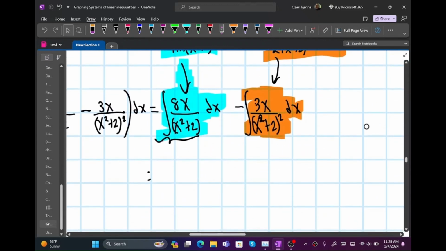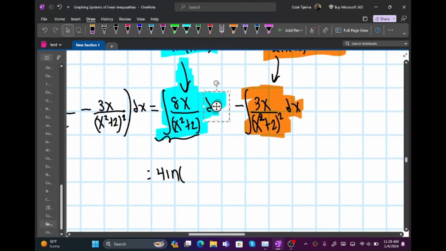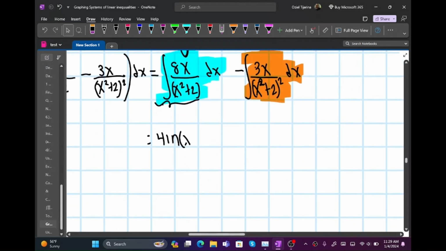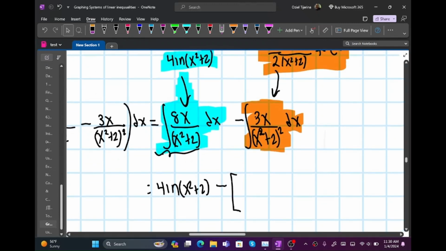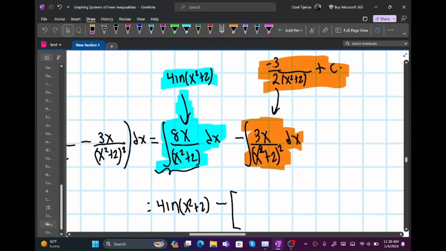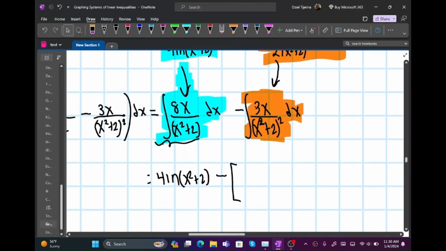This part is going to be 4 natural log of x squared plus 2. And then we have minus, and we're going to say the following. The integral of 3x over x squared plus 2 quantity squared was negative 3/2. So negative 3 over 2 times the quantity x squared plus 2. So we're going to say minus negative 3 over 2 times the quantity x squared plus 2, and then plus our constant of integration, c.